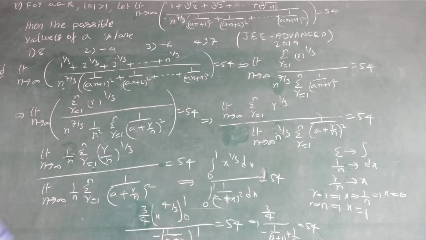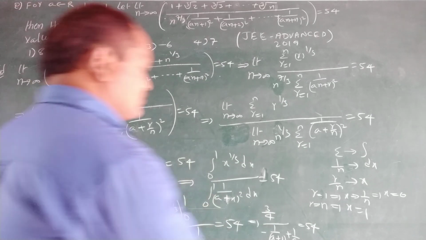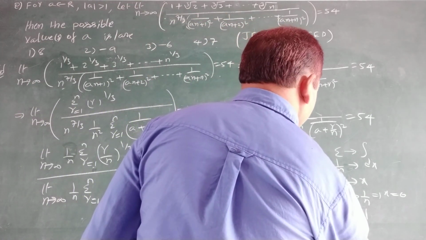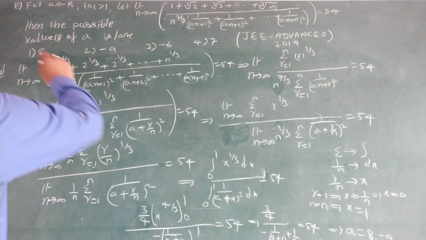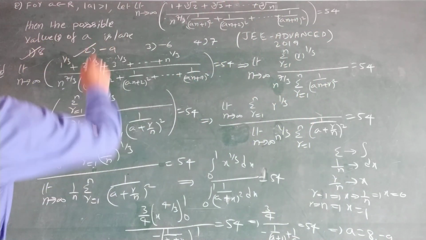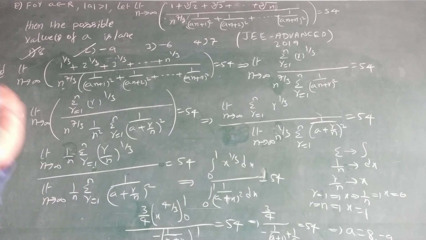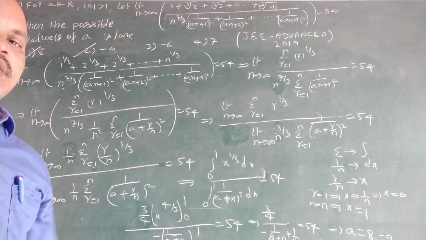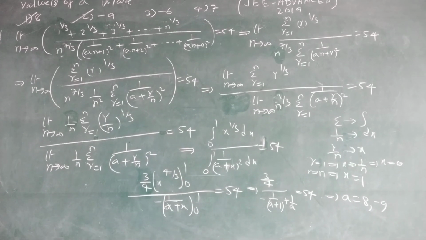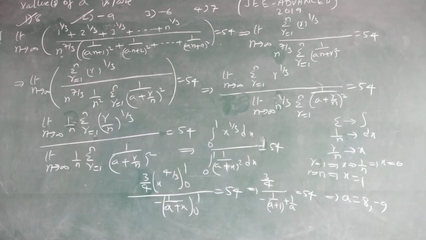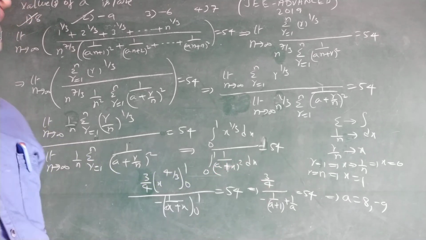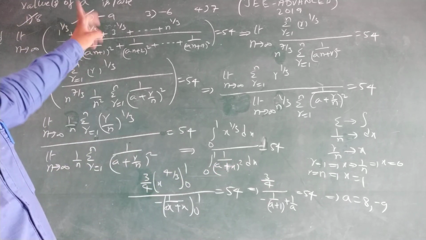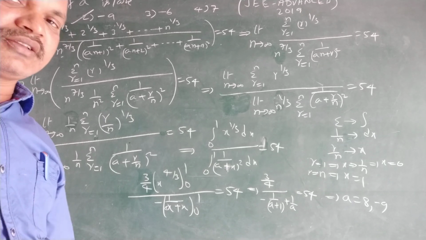After simplification we get a quadratic equation in terms of a, and solving it, a is equal to 8 or -9. That's why the first and second options are correct. That's right.